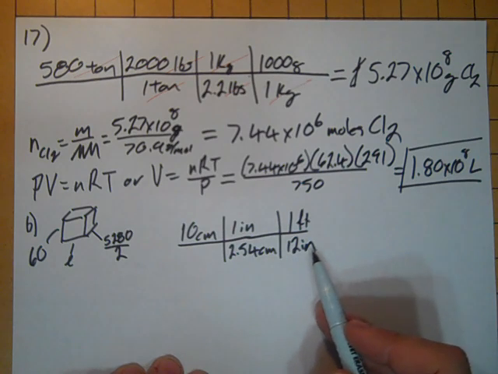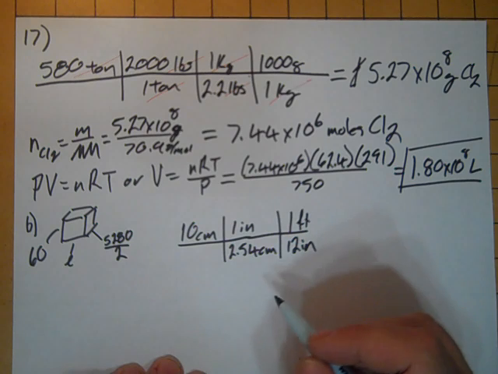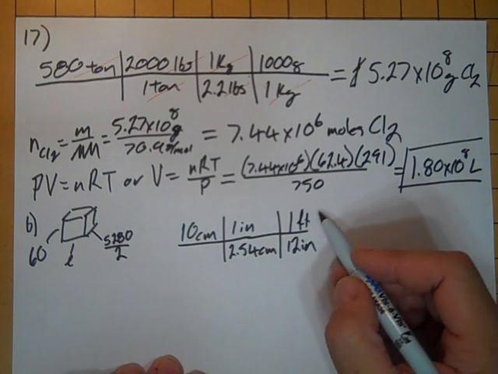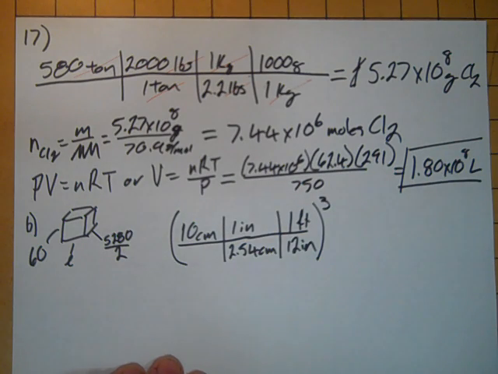So if I make this conversion, I am telling you how many feet is one side of that cube, which is a liter. If I cube this whole thing, I'm telling you how many cubic feet are in 1 liter.